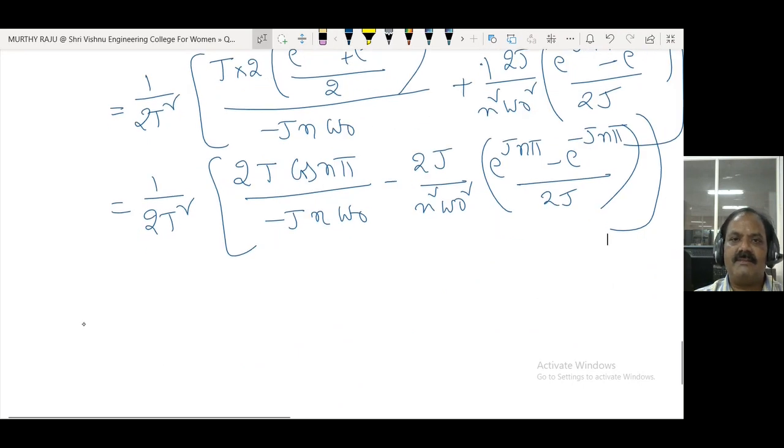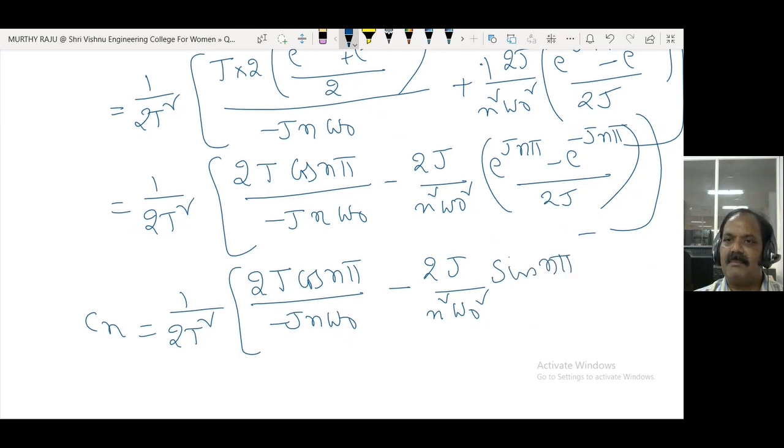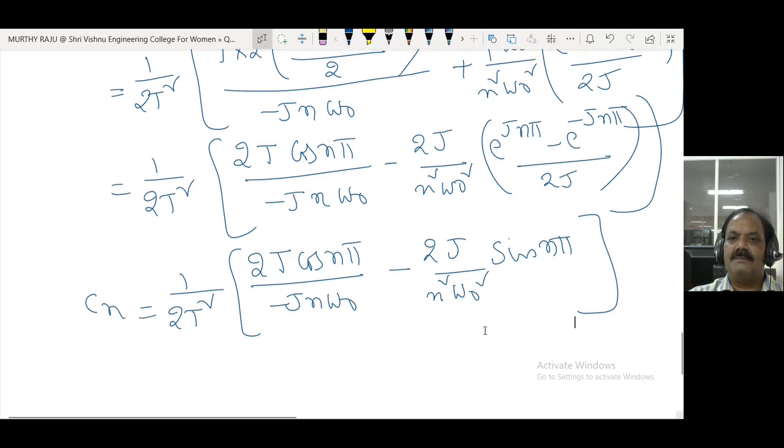That is, Cn is equal to 1 by 2T square, 2T cos n pi by minus j n omega naught minus 2j by n square omega naught square sin n pi. Sin n pi is 0, therefore the second term is 0.